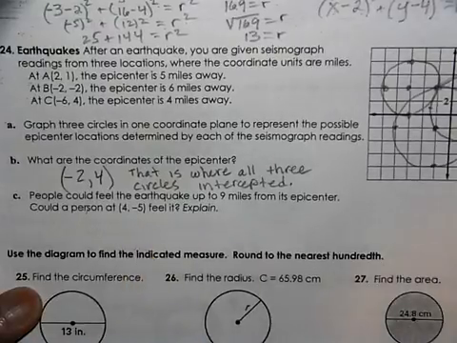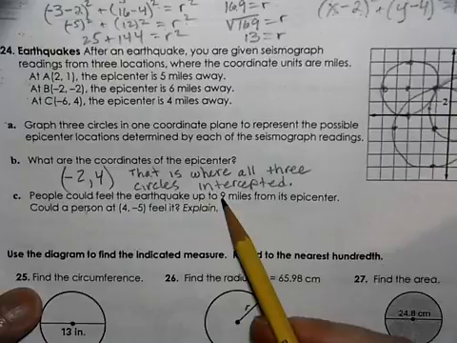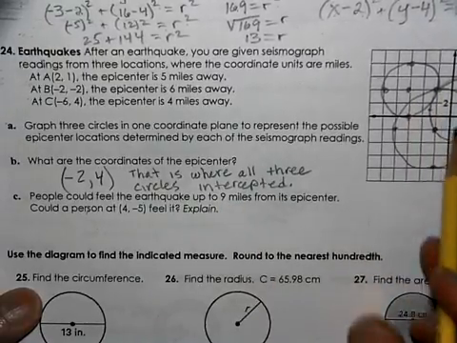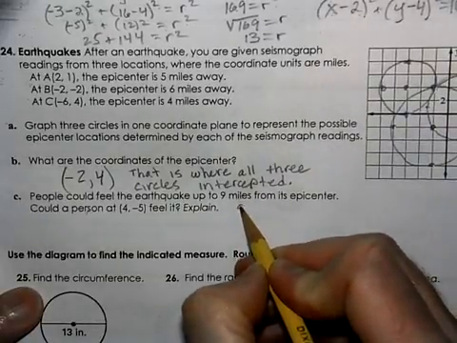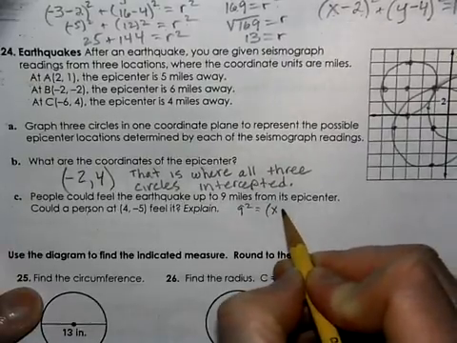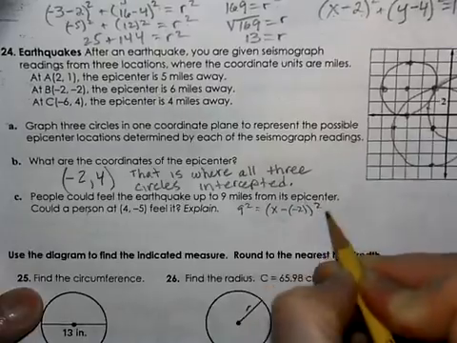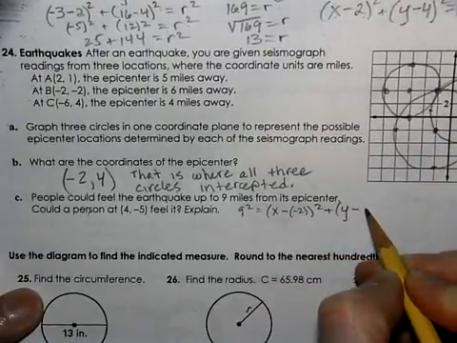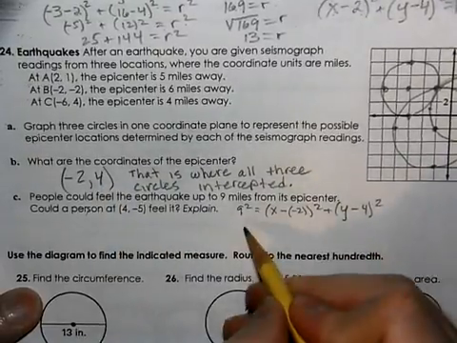Now the question is, is the point (4, -5) going to land within 9 miles? So to test it, we say that r squared equals (x minus -2) squared plus (y minus 4) squared.